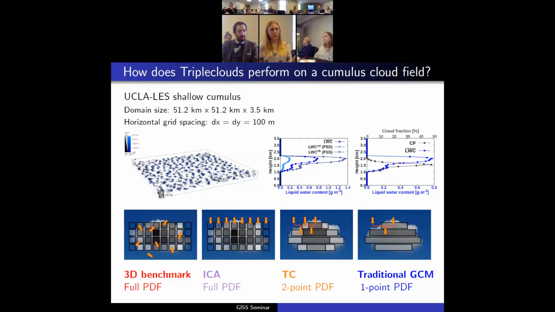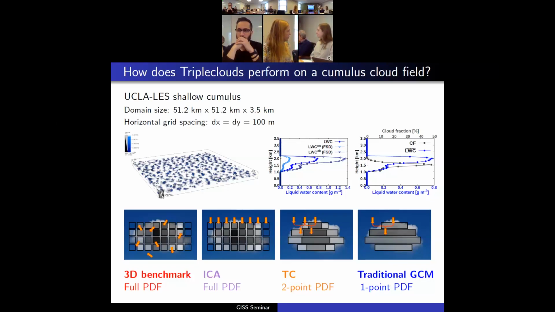It's a method where you use a stochastic cloud generator to generate subgrid cloud structure, and then you compute this one-dimensional independent column solution. But because this is still too computationally expensive for use in GCMs, you have to further optimize it, make it faster.